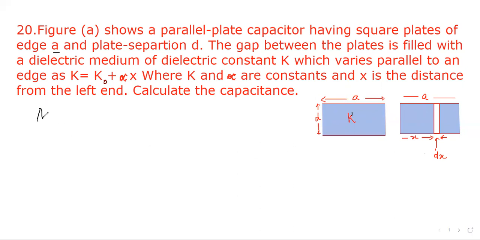So area of the strip is equal to, since it is a square plate, if width is dx, length will be a, so it will be a dx.